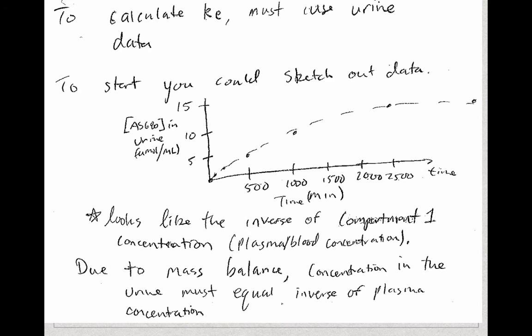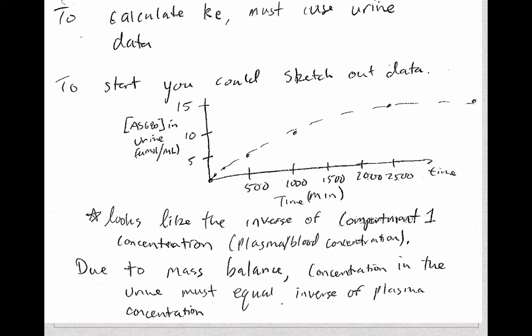Moving on from that, we now have to calculate Ke. In this case, we don't have blood data, we have urine data. So to start out, I always sketch out the data. From sketching out the data, it looks like the inverse of compartment 1 concentration, so plasma blood concentration. And this makes sense. I told you in the problem that the elimination was solely due to urine excretion.